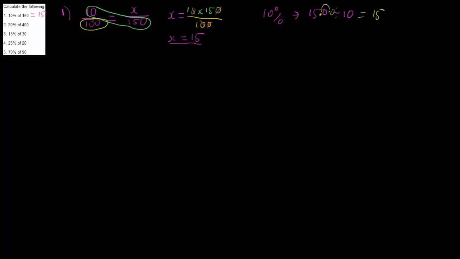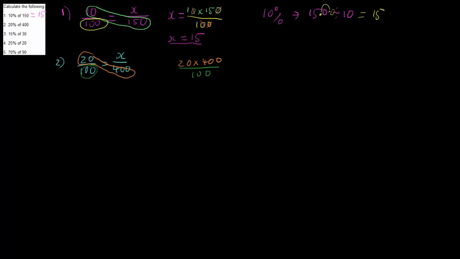So let's have a look now at number 2. I'm going to look at finding 20% of 400. I'll use this system here first. 20% is the same as 20 over 100, and I'm trying to find some value over 400. So do the same thing again, multiply the two diagonals, and that gives me 20 times 400, and then divide by what's left over, so I divide by 100.